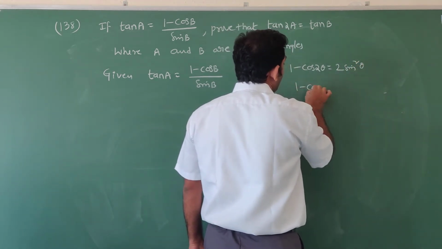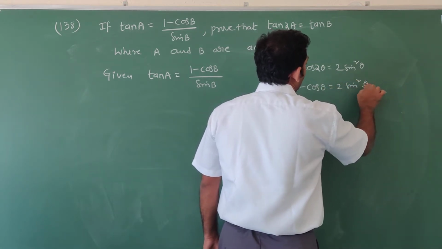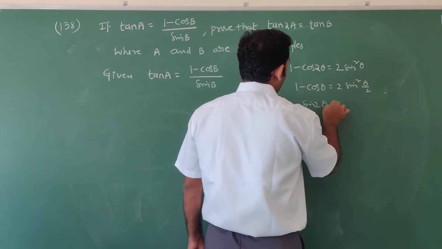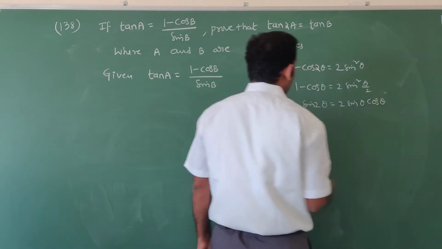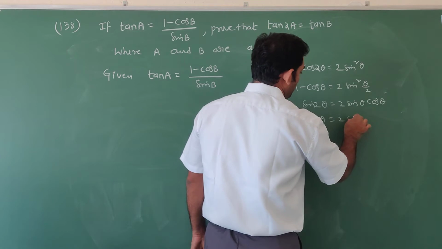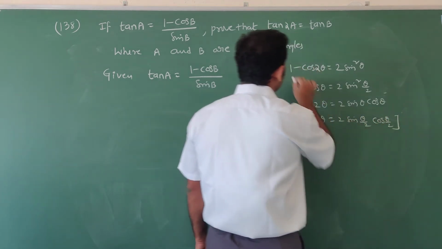Similarly, 1 minus cos theta means 2 sin square theta by 2. Similarly, sin 2 theta, what is our formula? 2 sin theta cos theta. Similarly, sin theta is 2 sin theta by 2 cos theta by 2.